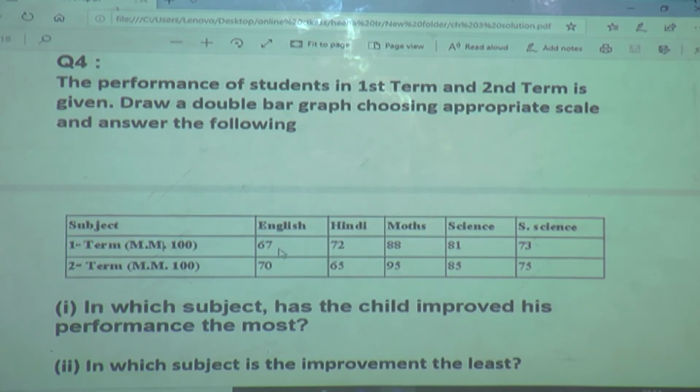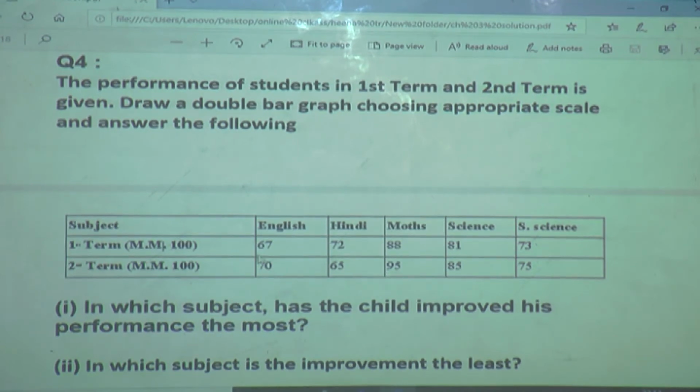Here one child got 67 in the first term, and in the second term he got 70 marks. These are the marks of a student in different subjects. In the second column we have the second term marks of the student.